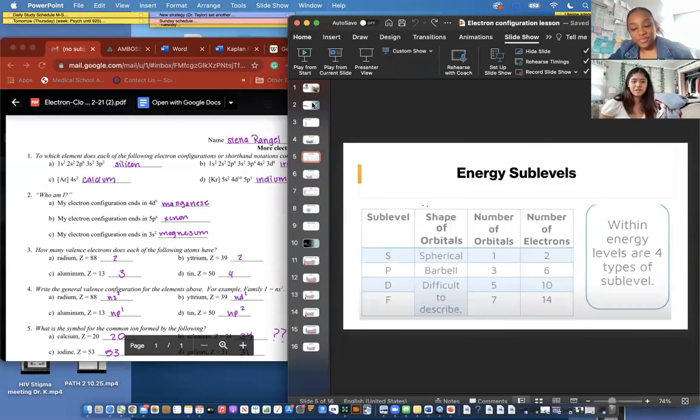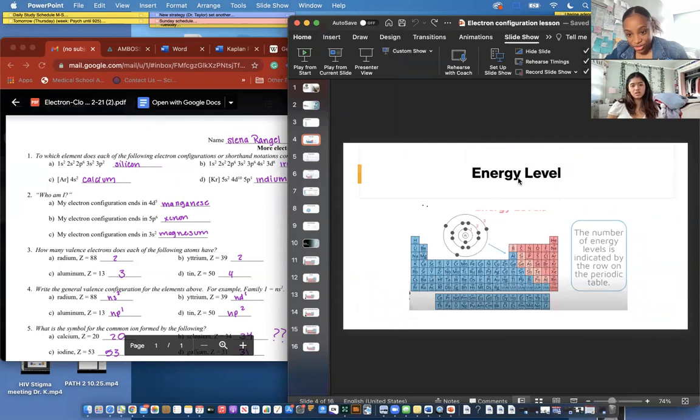Let me give you an example. We talked about it earlier. Remember this energy level here, this Bohr model? We said that this is at 3p, what is that? 3p1. That valence electron is in that orbital.